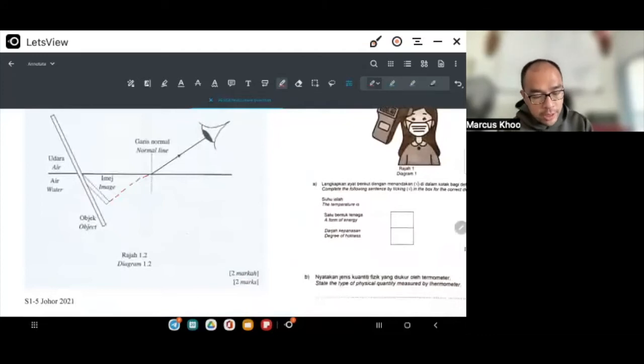The original light goes and then reflects into this one, but our eyes see it as a straight line. That's why it looks shorter than it actually is. Sorry, let me rub this off because this is not part of the answer. This one is the answer. It's 2 marks: 1 mark for the straight line over here, and another mark for the dotted line. Usually we write it as a dotted line so that it shows that's not the light that's traveling. The light that's traveling is the one with the straight line.